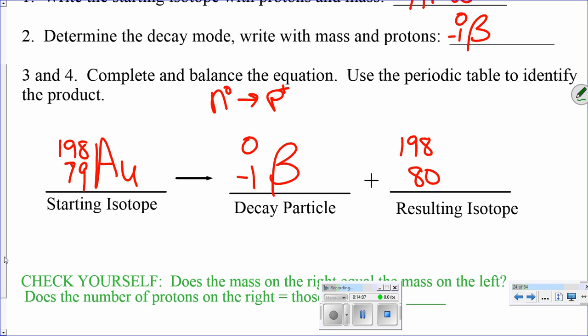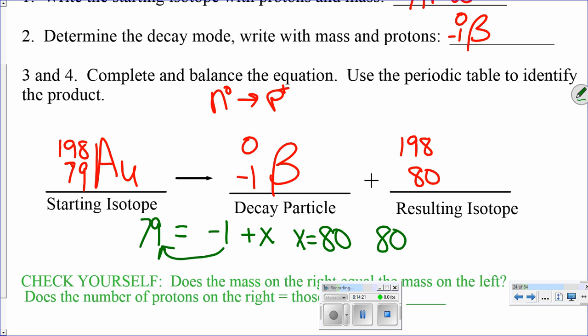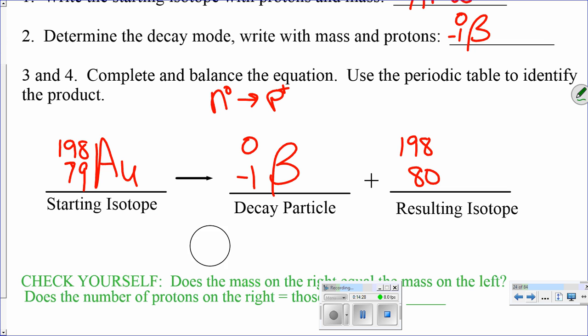Mathematically, here's why. If this were a math problem, you would have to add this 1 over here in order to solve this equation. X would equal 80. Because 80 minus 1, which are the two things that are on that side together, equals 79. So we're just kind of treating it like an algebraic equation.